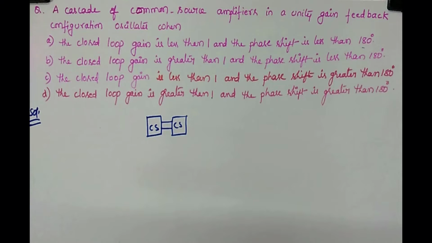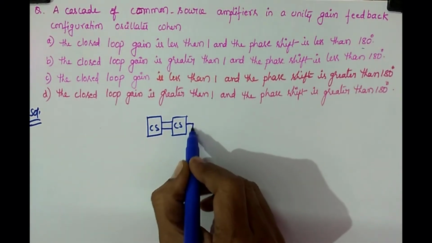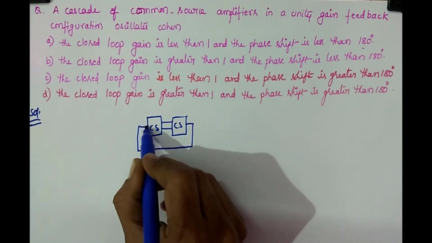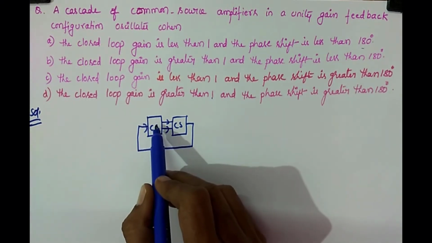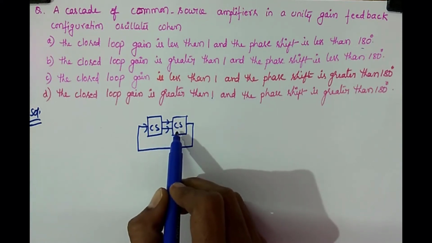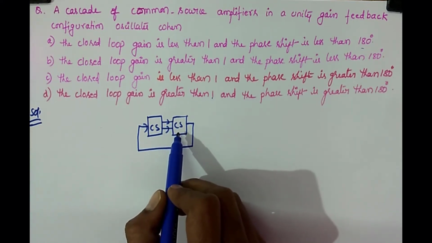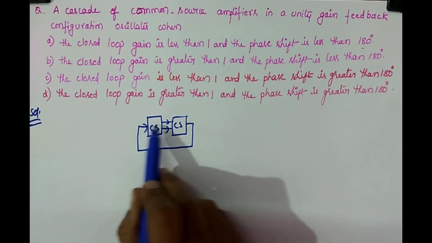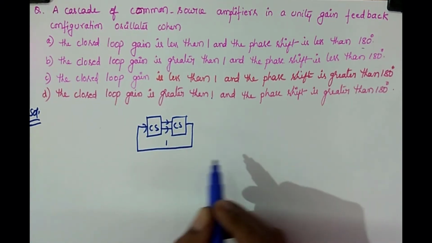The first output is connected to the second input, that is called cascade. And there exists unity feedback like this. The output of the second common source amplifier is fed back, and this feedback is unity.